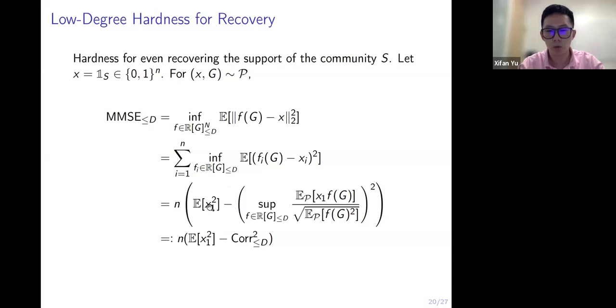So it's n times the following quantity, and the last quantity we call the low degree correlation. So to show that the low degree mean squared error is large, it is enough to show that the low degree correlation is small.